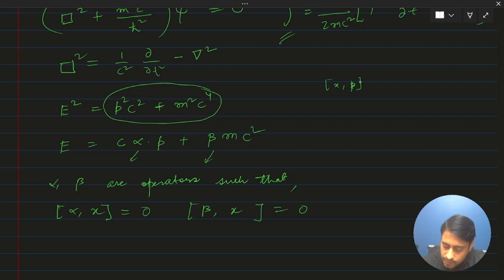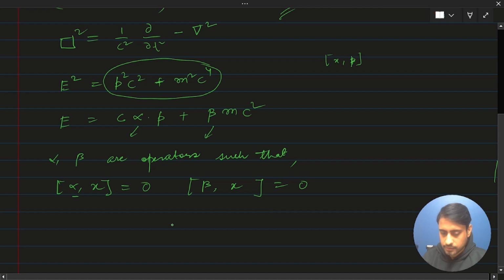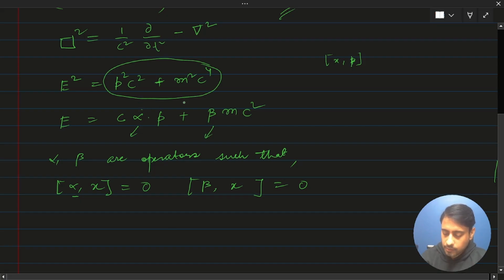So from the start we are making it clear that alpha does not commute with x, because it would create extra complications. For the time being, let's just assume that these conditions are satisfied. There is no problem in assuming variables which satisfy any condition. We have assumed alpha and beta are arbitrary for now, satisfying certain conditions.